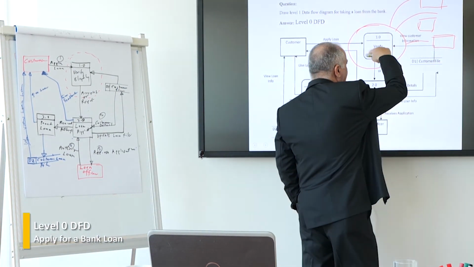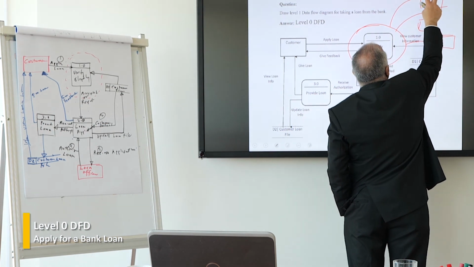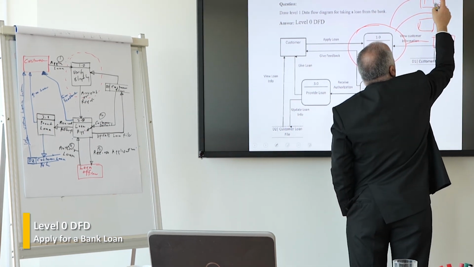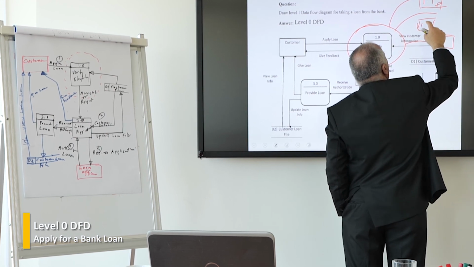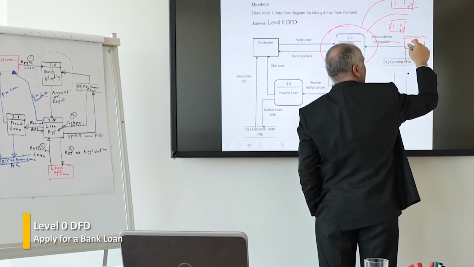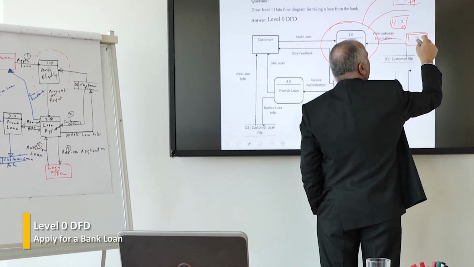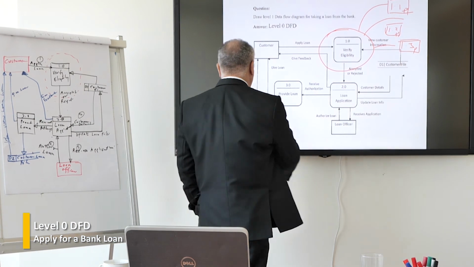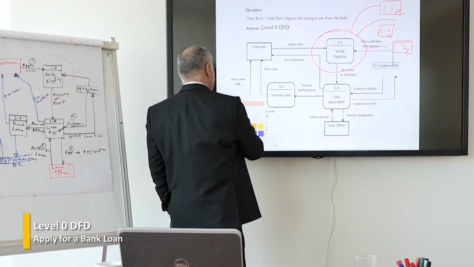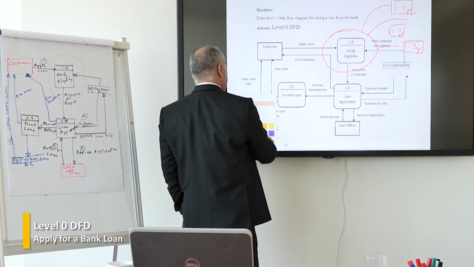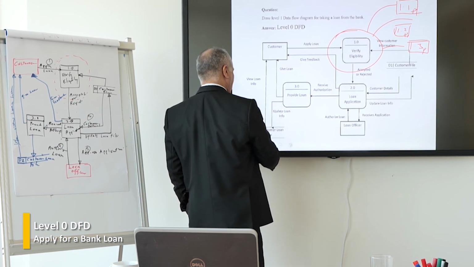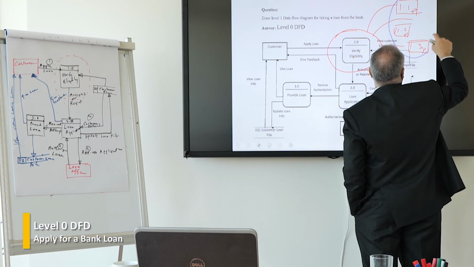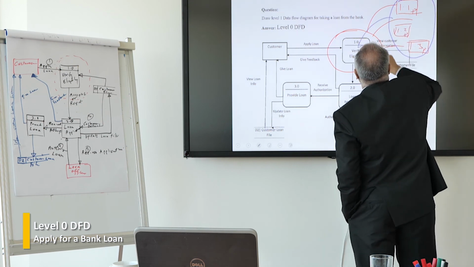So if you look at it, this process is breaking down into 1.1, another process, 1.2, another process, 1.3, another process. What does this mean? It means that this process is really, by itself, altogether, when you add all these 3 processes, equivalent to that.